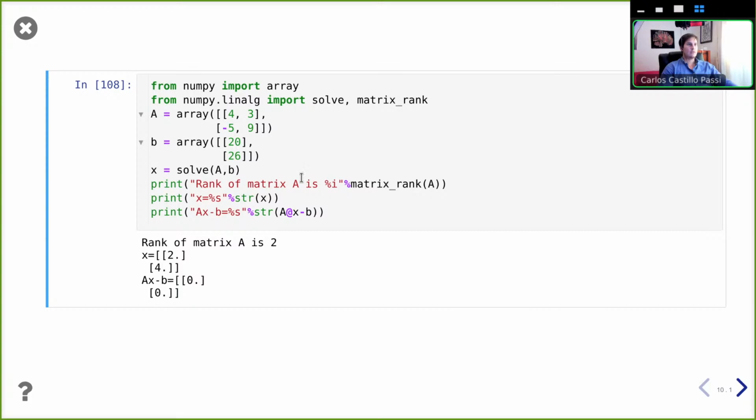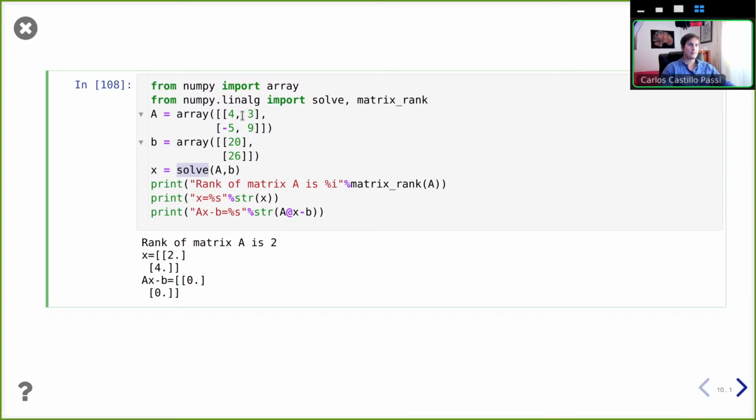Let's see. The rank of this matrix is 2. That's good because the dimensionality here is 2 as well. That means that the matrix has a full rank. And the solution that this solve function gave me is 2 and 4. And if I do A times x minus b, that is the same as the zero vector. So that means that this x vector is in fact the solution of this system.